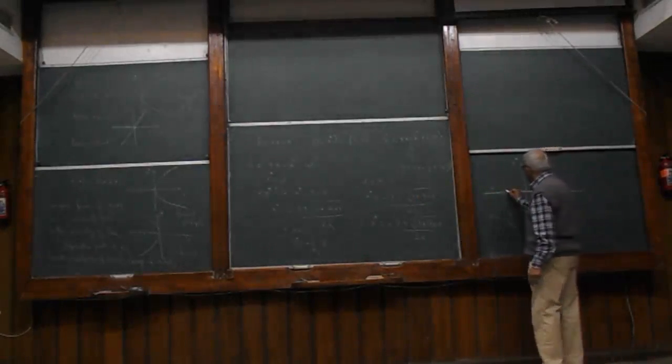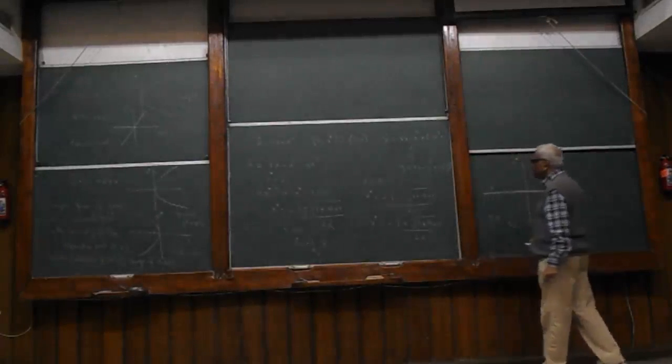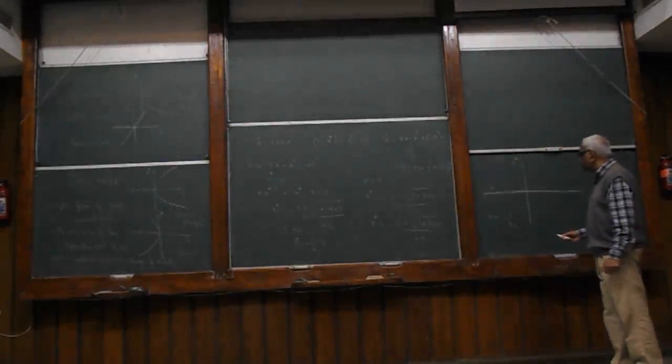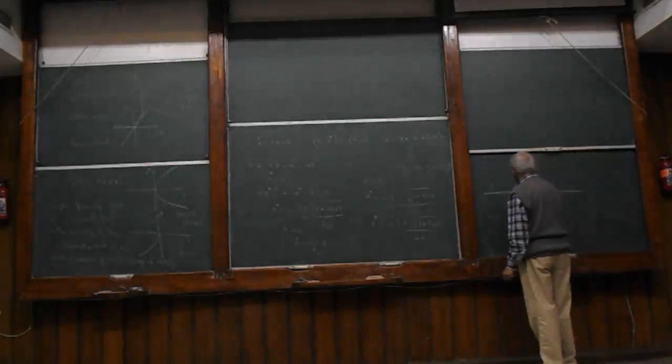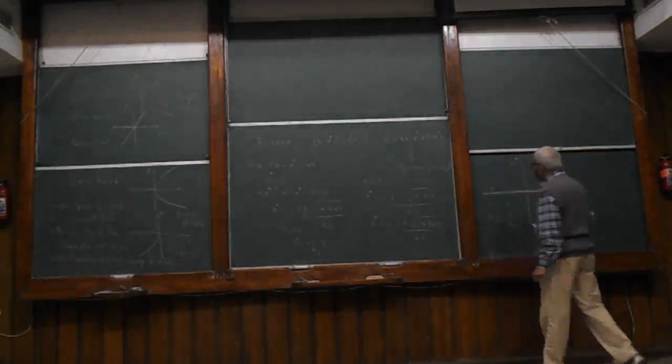So at r equal to minus 1 over 4 alpha, somewhere over here, these two fixed points have the value minus 1 over 2 alpha. So these are sitting over here.